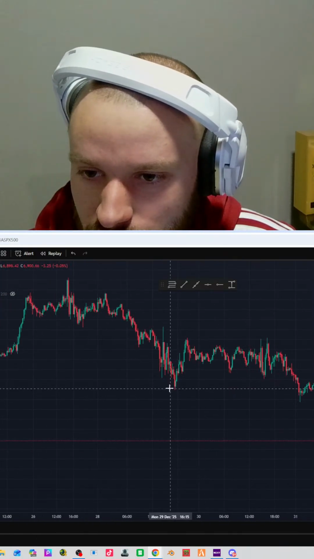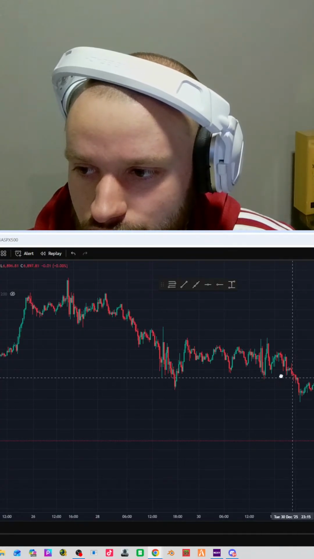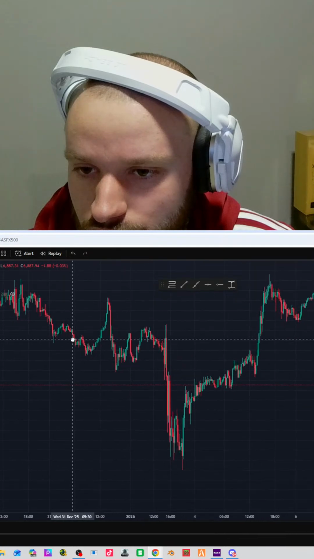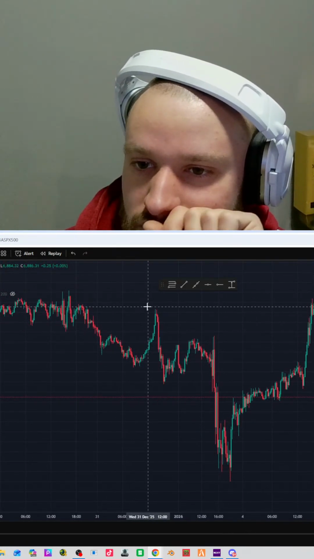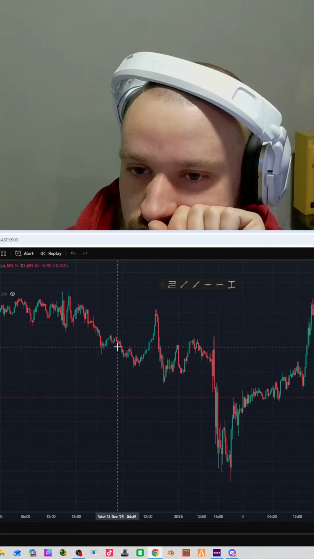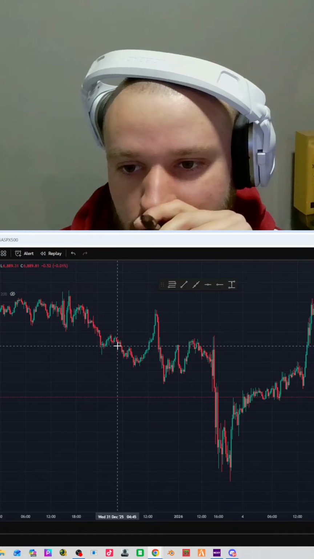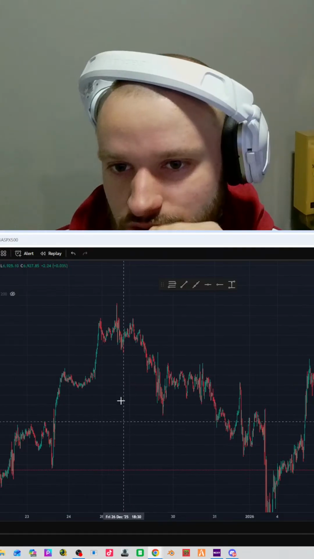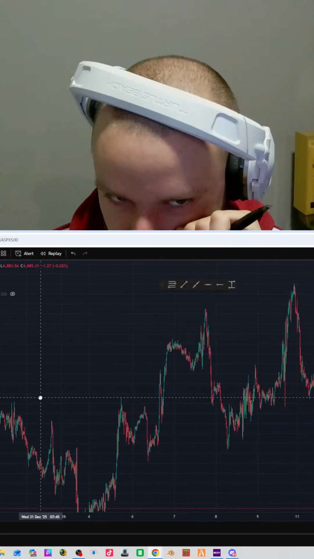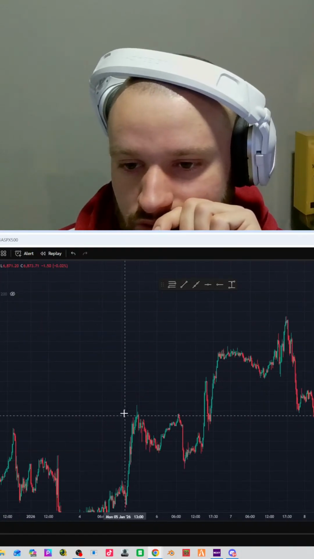Is this a liquidity sweep over here? I'm going for those really steep downs and really steep highs. Like here, for example.